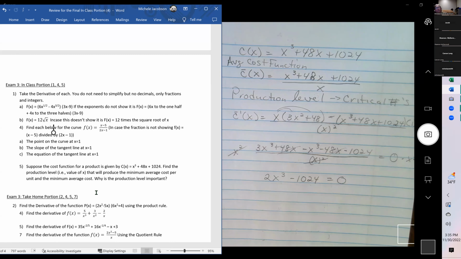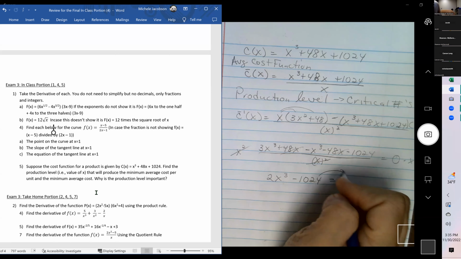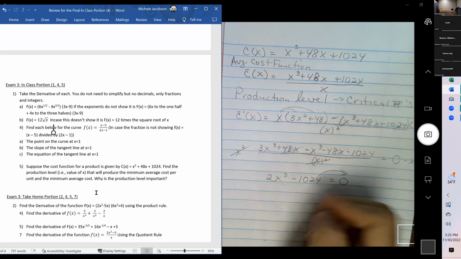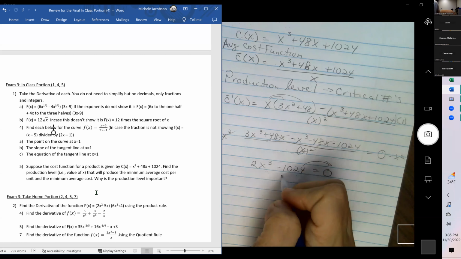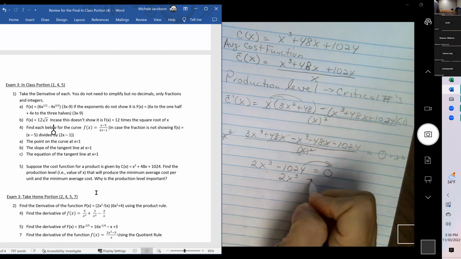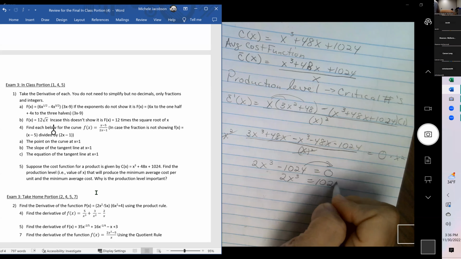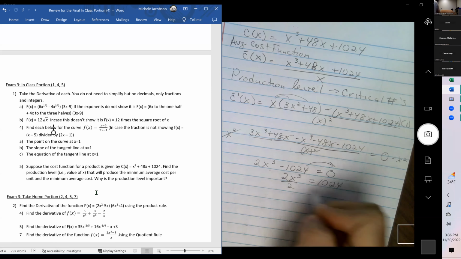Any questions on that? Okay. Solve for x. Add the 1024 to the other side. Divide by 2.